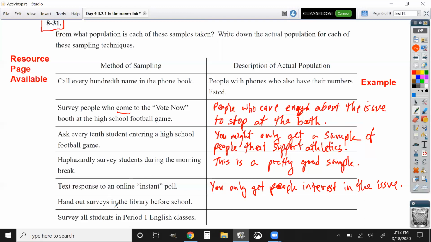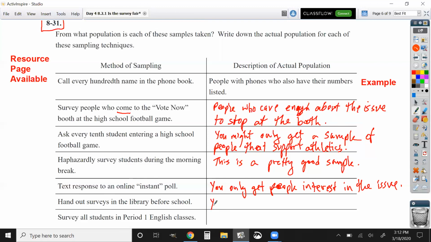All right, the next one, you hand out surveys in a library before school. That's pretty random, but you're only getting people who go to the library. You might not be getting the guys that are out playing basketball before school.